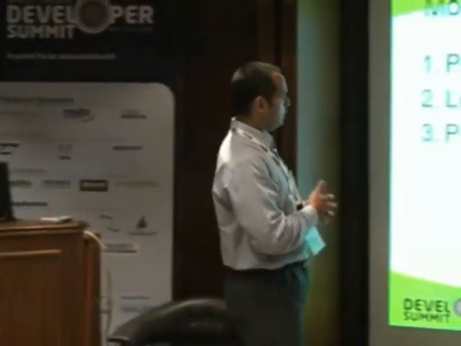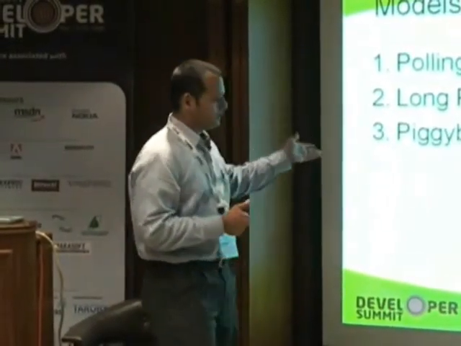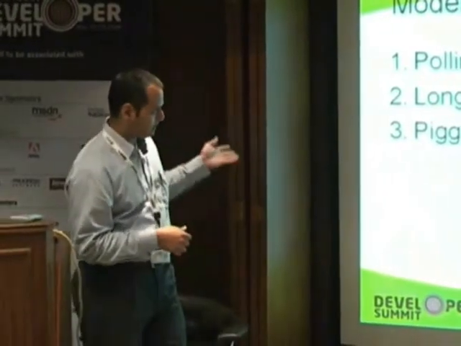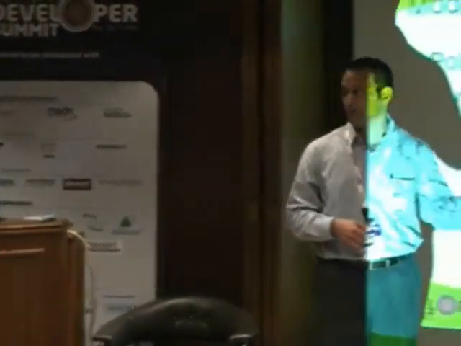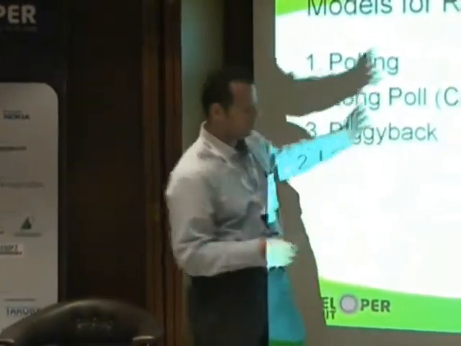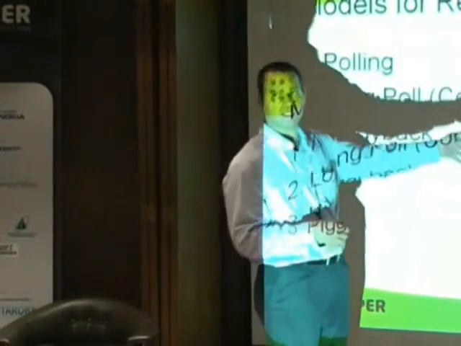Polling is again on a fixed interval basis. Long polling is the same as point number 3 previously. That is, the AJAX client makes a call to the server side.